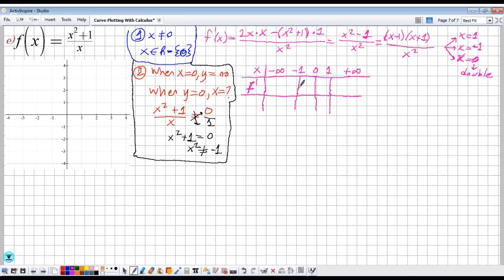Minus 1 and plus 1 can be called roots, but the other one, the critical point, makes it undefined. So now let's start from the plus infinity part. If I replace plus infinity in this function, plus infinity squared is a positive number. So I will start with plus. After 1, I will change the sign, but after 0, I will not change the sign.